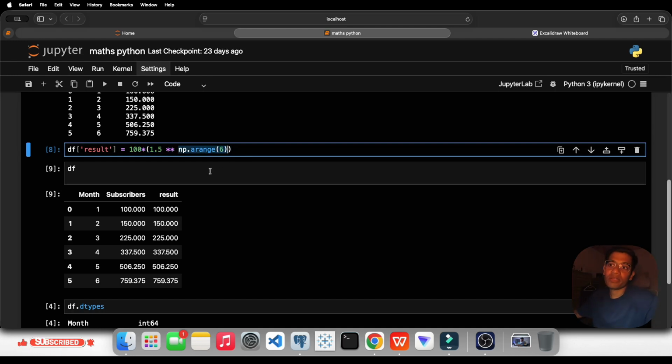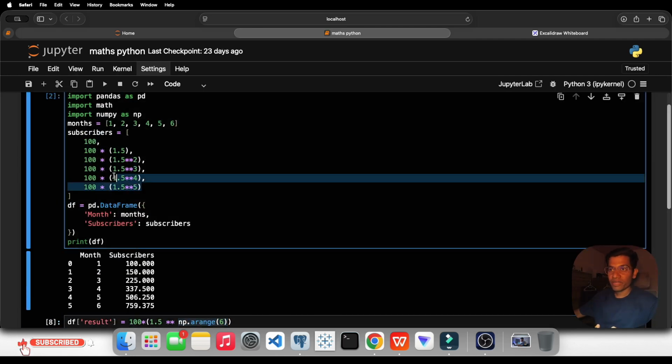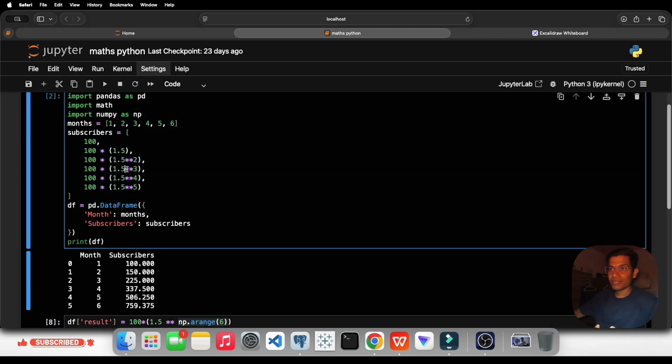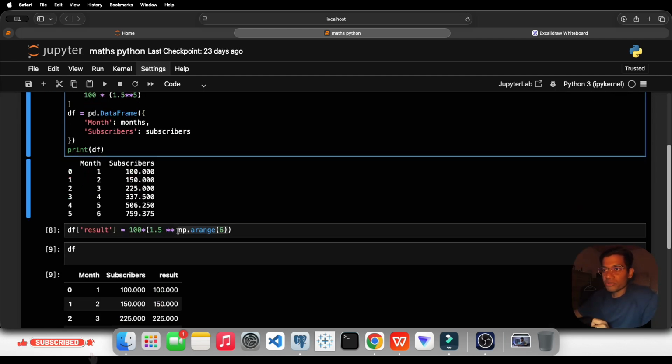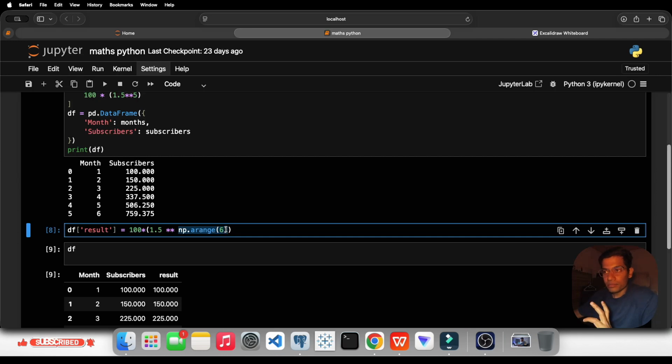So this is how we found the output in both ways. In the manual way we have just written 2, 3, 4. For 1 we have not written anything, because nothing means it is 1. Same for 2, we have to write 2 here manually. 3, 4, 5. Right now you see the same thing we have done from arange.